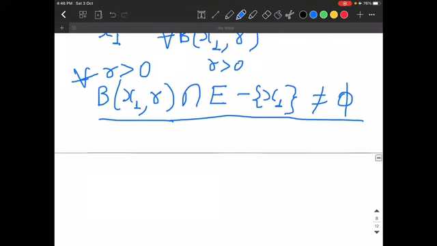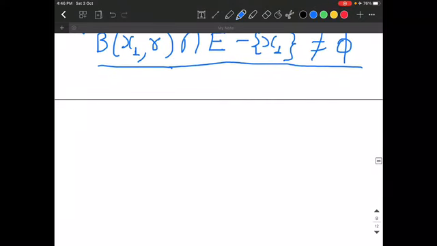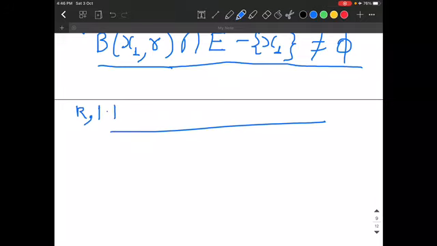So we will take an example. Let's say our metric space is R with the absolute value, the set of real numbers. So this is our metric space, and here this real line.